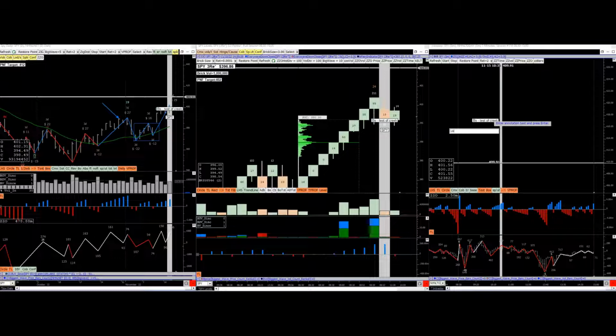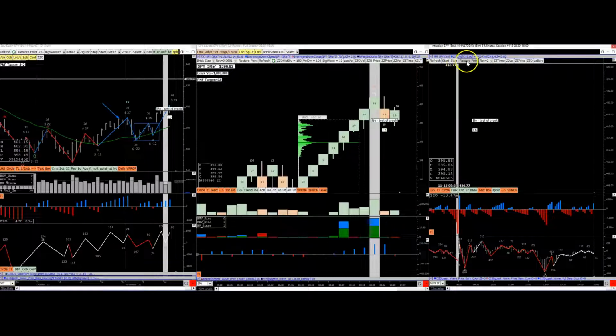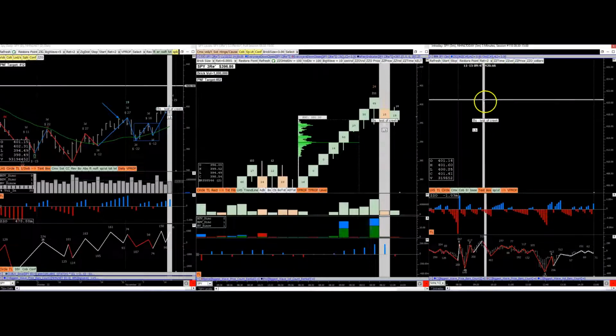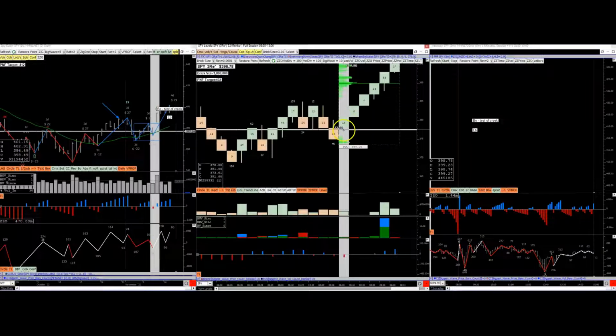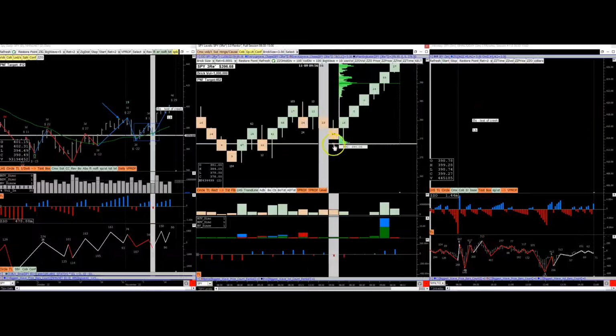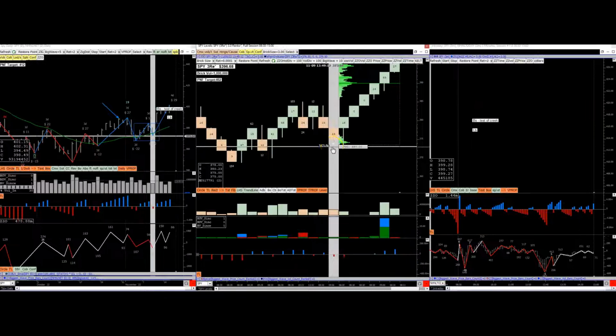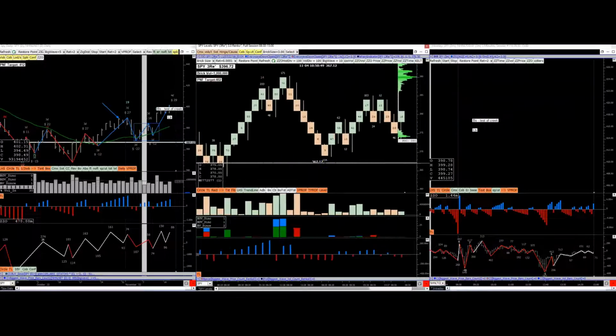On a bar chart it'll be the low bar, but on a Renko, it's going to be the accumulation brick, and that's going to be right here. It's basically typically the best price that you can have gone into while the launch happened. And that's also the place to defend the trend, which makes it very highly probable that the trades are going to work. I'll give you an example.